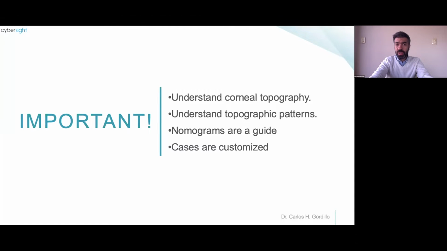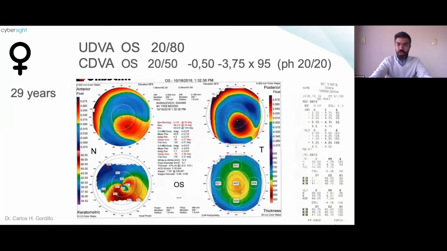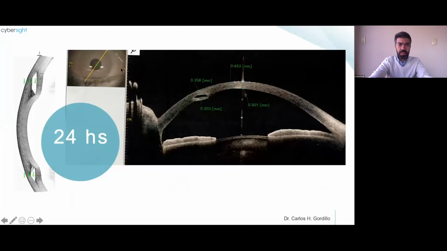So it's very important to understand the corneal topography, to understand the patterns, and to know that the nomograms are a guide and the cases are customized. I'm going to show you this case with this visual acuity preoperatively. This is the topography and the refraction. And this is at 24 hours.